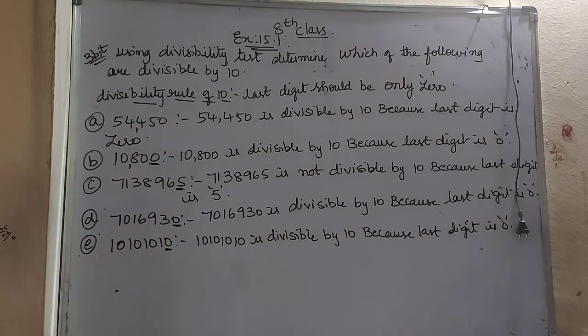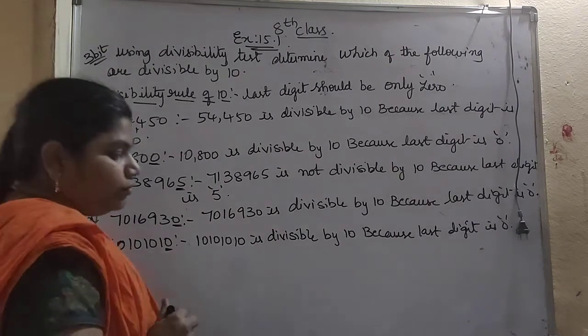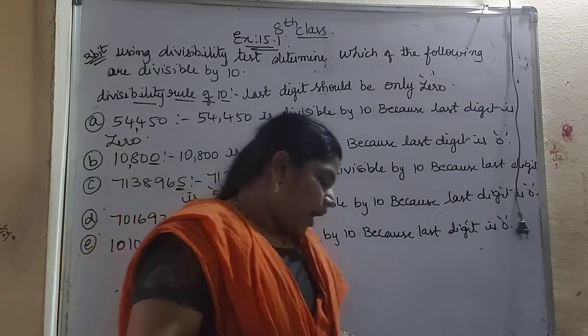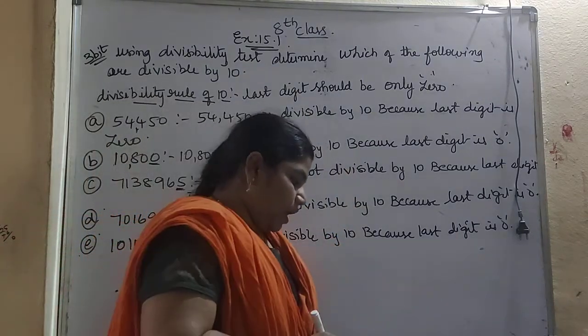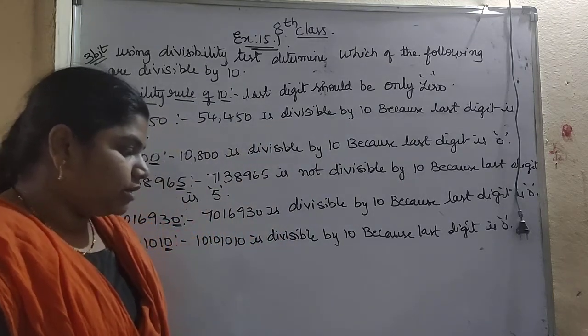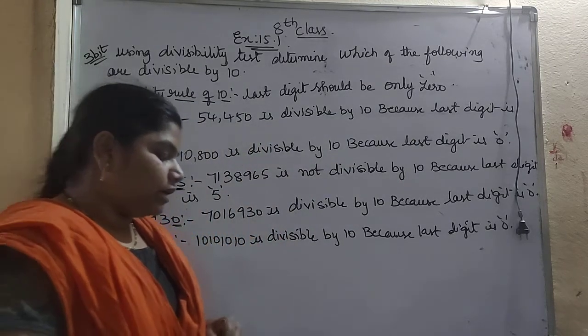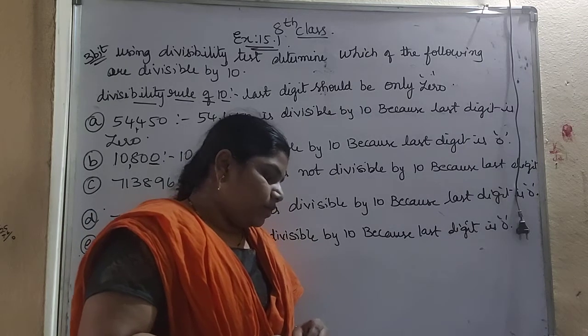Now in second bit we have checked for divisibility rule of 2. In third bit we have checked for divisibility rule of 5. And for fourth bit we have checked for divisibility rule of 10. Now we are going to the next bit, that is write the number of factors for the following.